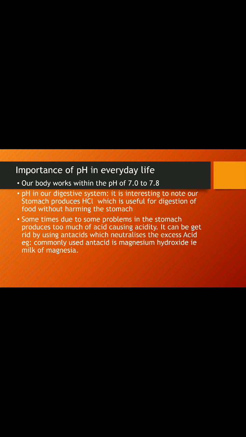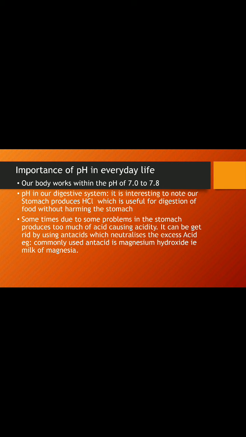Sometimes, due to some deformity or problems in the stomach, it produces too much acid, causing acidity. It can be got rid of by using antacids, which neutralize the excess acid.